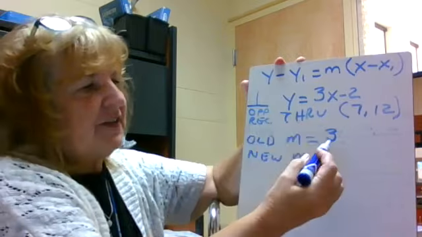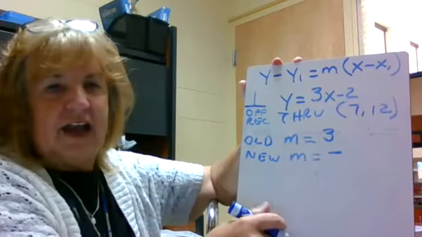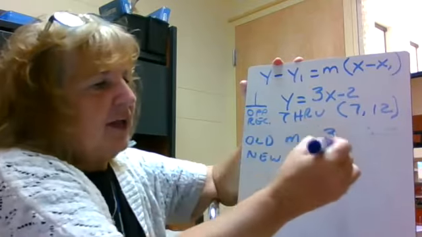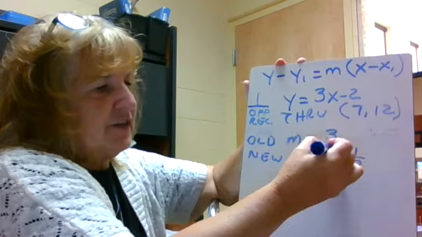So the opposite of 3 is negative. And if you flip the 3 upside down to make the reciprocal, it's going to become 1 over 3 because this is 3 over 1.